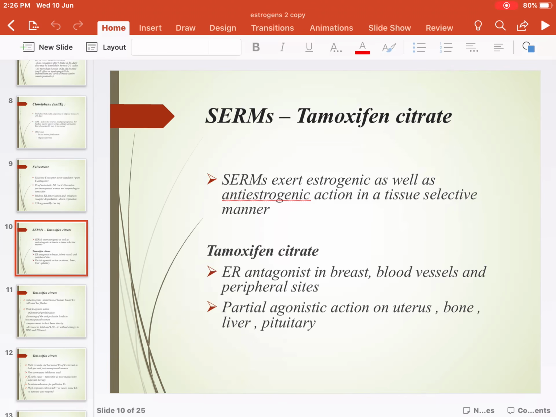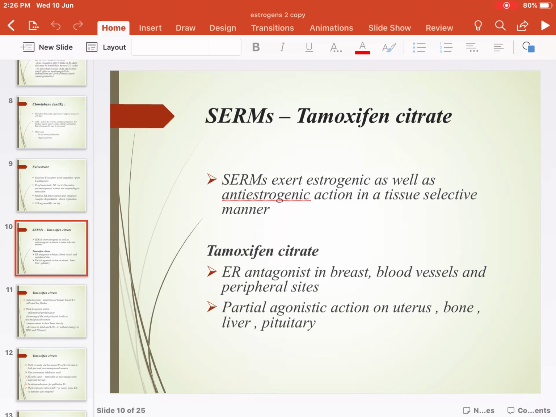If we look into this, tamoxifen is an estrogen receptor antagonist in the breast, blood vessels and peripheral tissues, whereas it is a partial agonist on the uterus, bone, liver and pituitary.